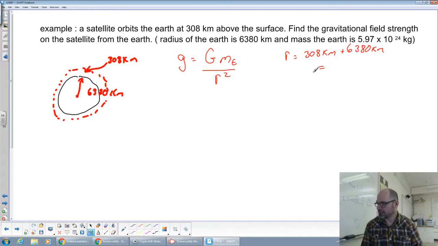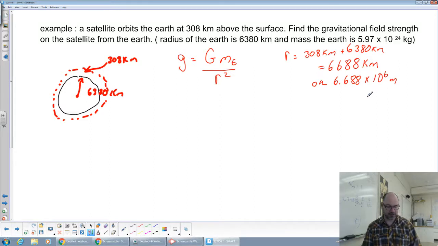Okay, so if we do that, then we have to change it to meters, of course. Okay, so we end up getting 6,688 kilometers, or 6.688 times 10 to the 6 meters. Okay, or 6,688,000 meters.